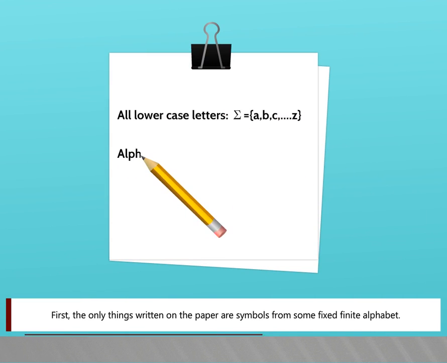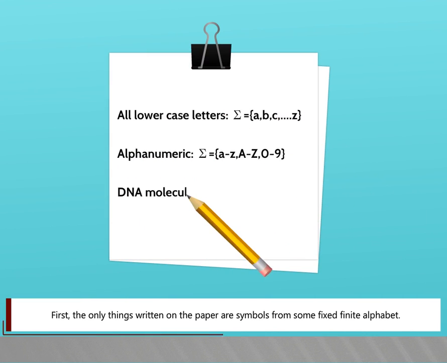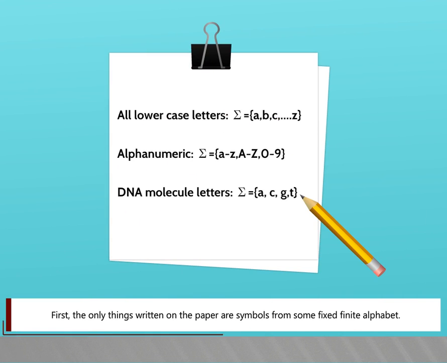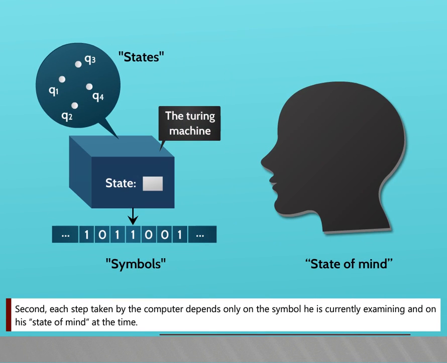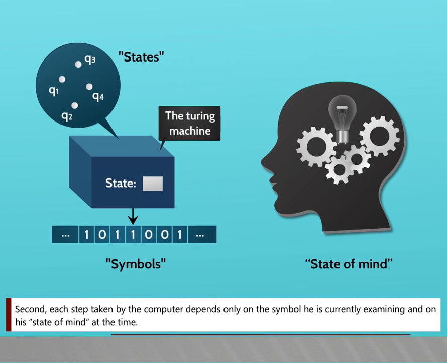First, the only things written on the paper are symbols from some fixed finite alphabet. Second, each step taken by the computer depends only on the symbol he is currently examining and on his state of mind at the time.